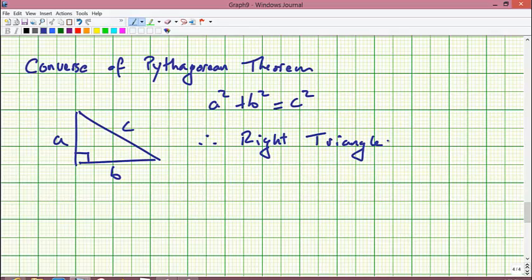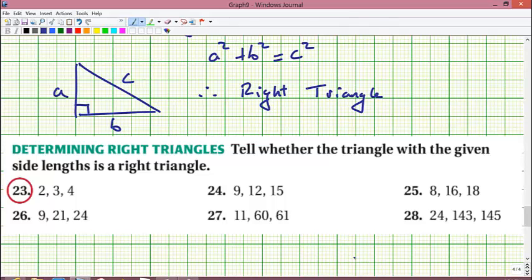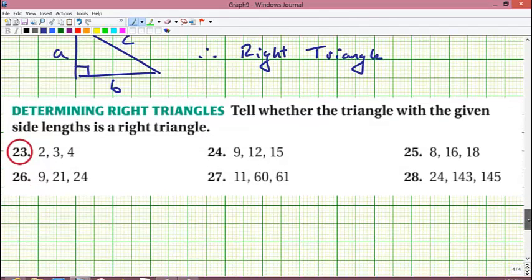We started by assuming that the triangle was right and looking at the relationship between the sides. We're now reversing that, and we look at the relationship between the sides and then make the deduction that the triangle has a right angle in it. Okay, so some specific examples will be here. Let's do the first one as an example.